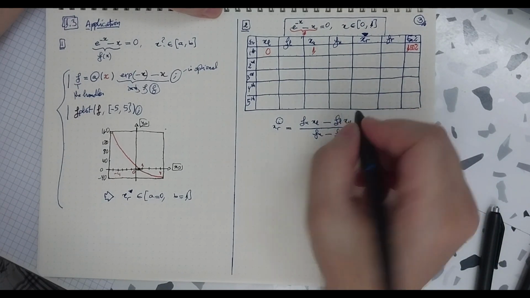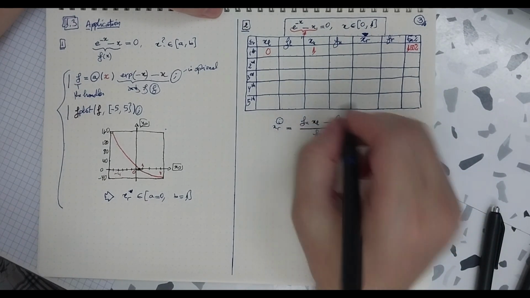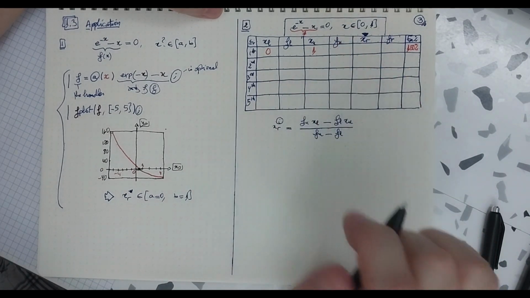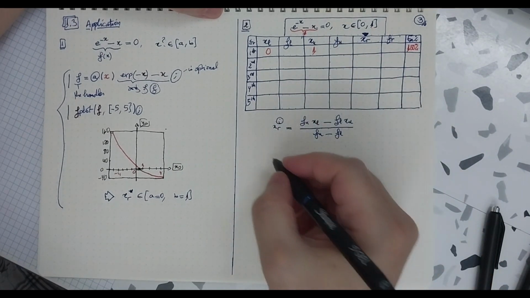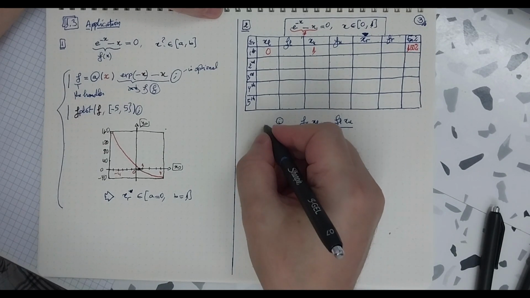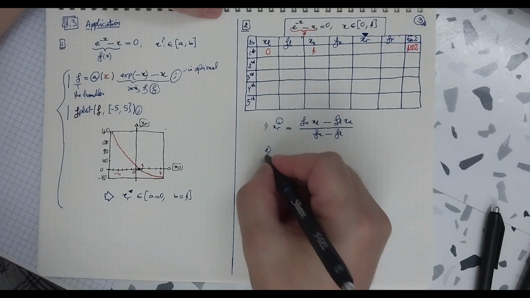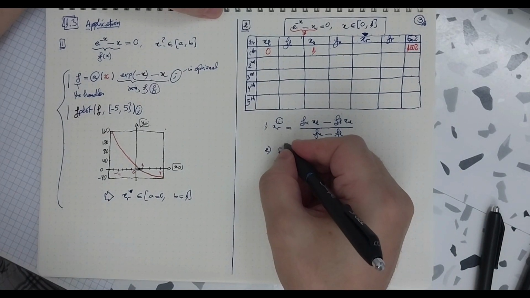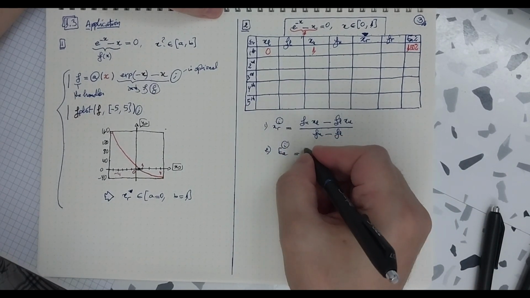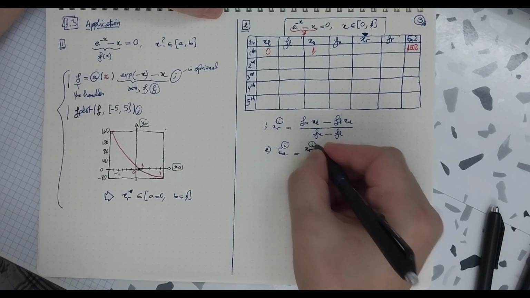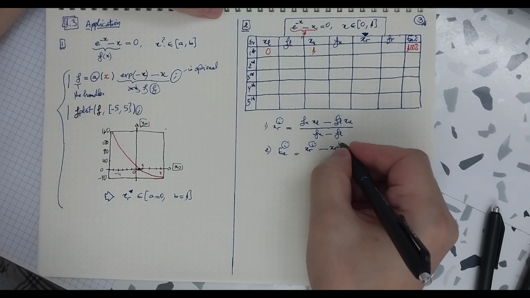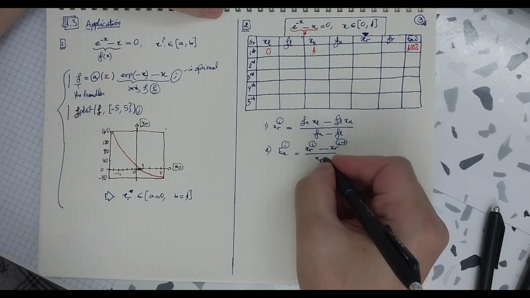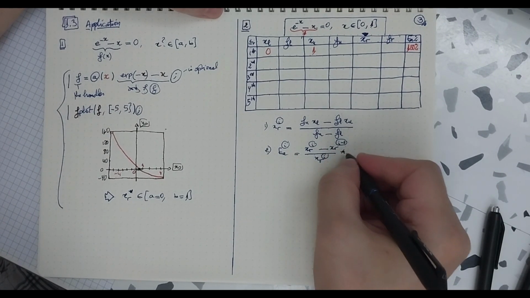Of course, I have iteration i, but I will not add i for clarity, just to keep things clear enough. And the second, this is the first. Second is the error. At the ith iteration it is the current iteration minus the previous one over the current one times 100%.